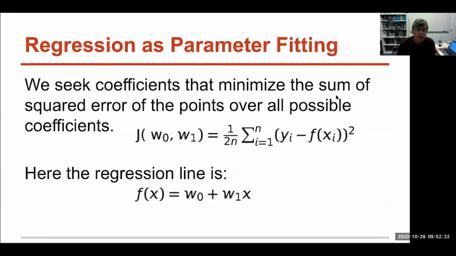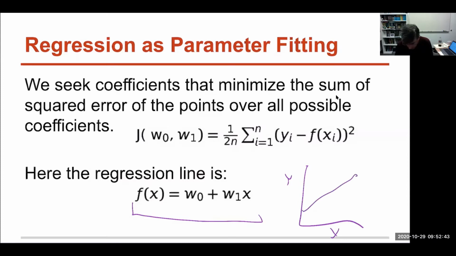There's a way to view linear regression as if it's a parameter fitting problem. Let's imagine that we are dealing with a line in 2 dimensions. There is a y value, there is one x value, one variable. The best fitting line, the regression line, is going to have a slope and an intercept, and that's what defines it.